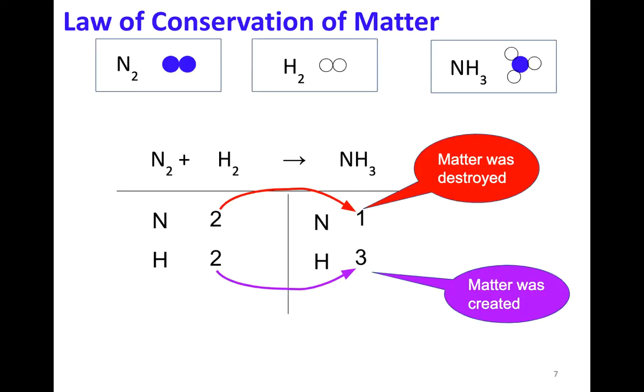So now let's look at this. We know that the law of conservation of matter is not represented here. So we look back and we had 2 N2s, we had 6 H2s, and we had 4 NH3s. So I'm going to put those in as coefficients down in the equation.